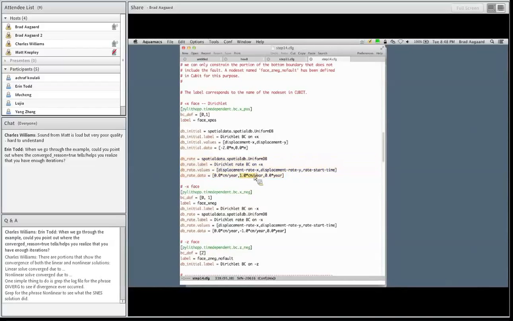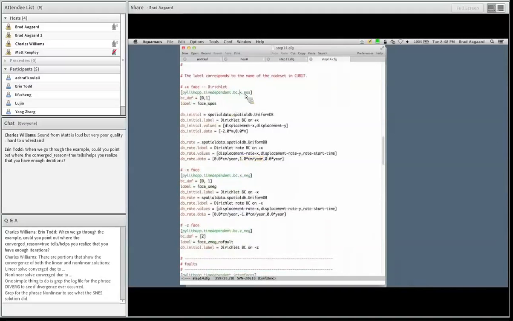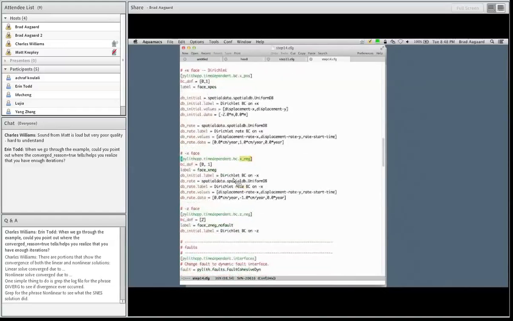We're going to give it 1 centimeter per year in the plus Y direction for the X positive face. On the X negative face, we're not going to do any initial displacement. We're just going to do a 0 displacement, but then we're going to do -1 in the other direction.